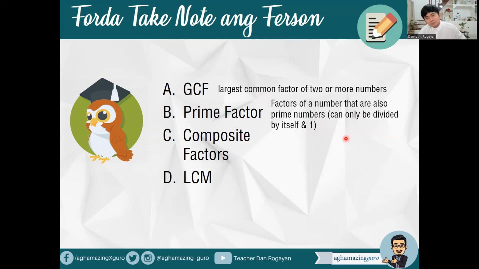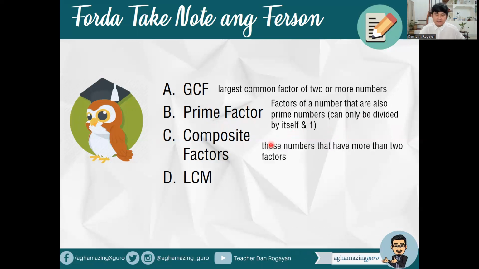So 2 divided by 2 is, of course, 1. 2 divided by 1 is 2, so it can be divided by itself and by 1. Another is 3, no? 3 divided by 3 is 1. 3 divided by 1 is 3. So it can be divided by itself and 1. So these are prime numbers, and these can be considered prime factors.